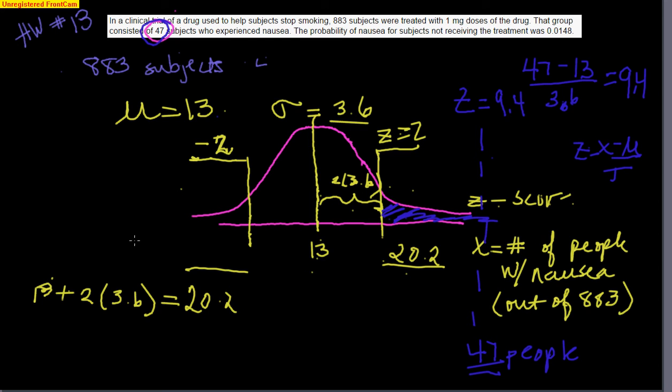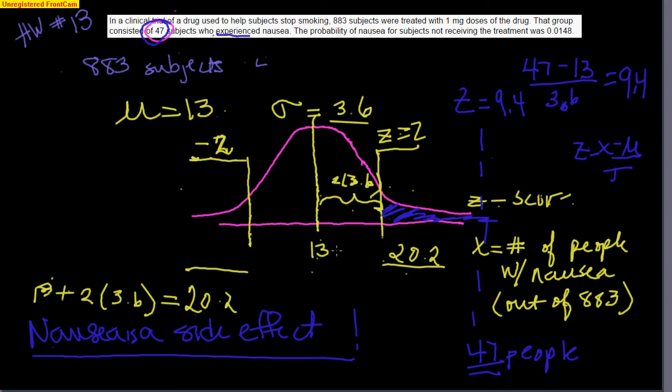We are 9.4 standard deviations above the mean if 47 people have nausea. So in the end, if 47 people who took the drug experienced nausea, I think we can draw the conclusion that nausea is definitely a side effect of the drug, because getting 47 people to have nausea just under normal circumstances is so unusual.